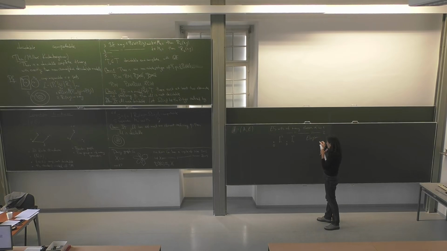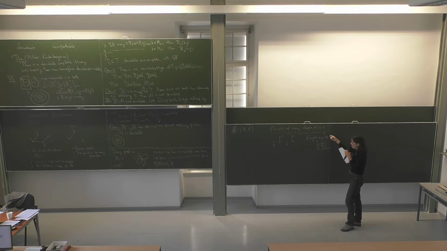We only have either x is equal to y equals 3k for whatever k, or x is 3k plus 1 and y is 3k plus 2, or vice versa. So this is the definition that shows clearly that this is a computable structure.